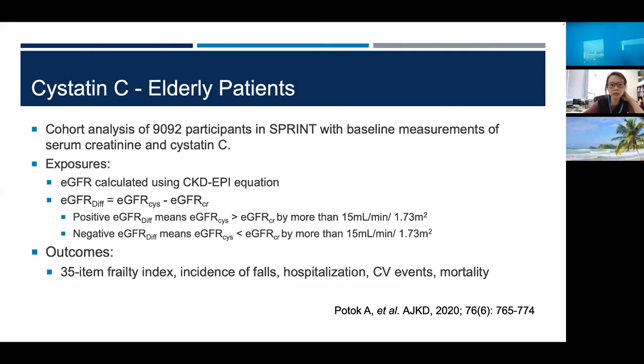This is another study, done by Potok et al., published in AJKD in 2020. It's a cohort analysis of over 9,000 participants in SPRINT who had baseline measurements of serum creatinine and cystatin C. They wanted to look at the impact of an eGFR difference when it's calculated based on cystatin C or creatinine.